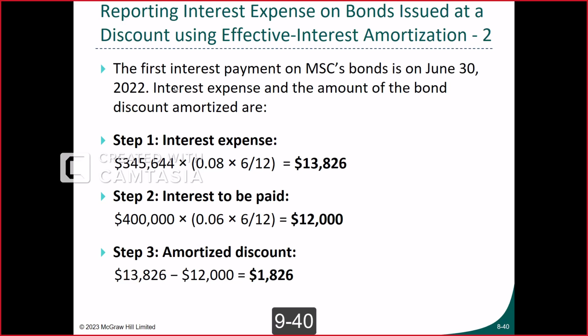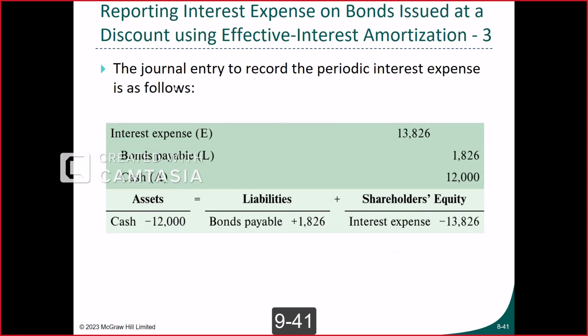So to calculate the interest expense, you have to multiply the carrying value, or the book value of the bonds, times the market rate on the debit side. So we debit interest expense based on that calculation. Book value times the market rate. And then we credit the cash amount.